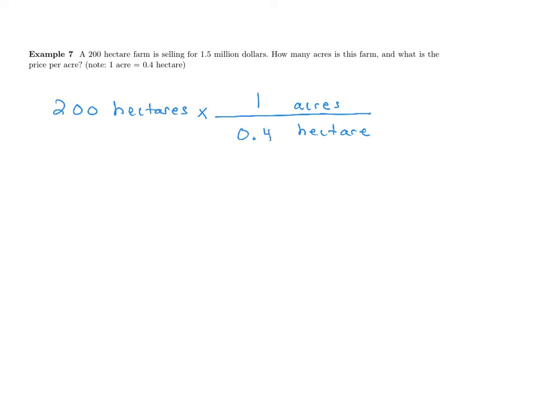If we multiply these two together, I'll make this a fraction. We will cancel the hectares, and what we have left over is just the unit of acres. That's 200 times 1 divided by 0.4 with no units in the denominator. I'll write that as 200 divided by 0.4, and the units are in acres. All right, to do that division, you could do that in a calculator, but this is 200 divided by 0.4.